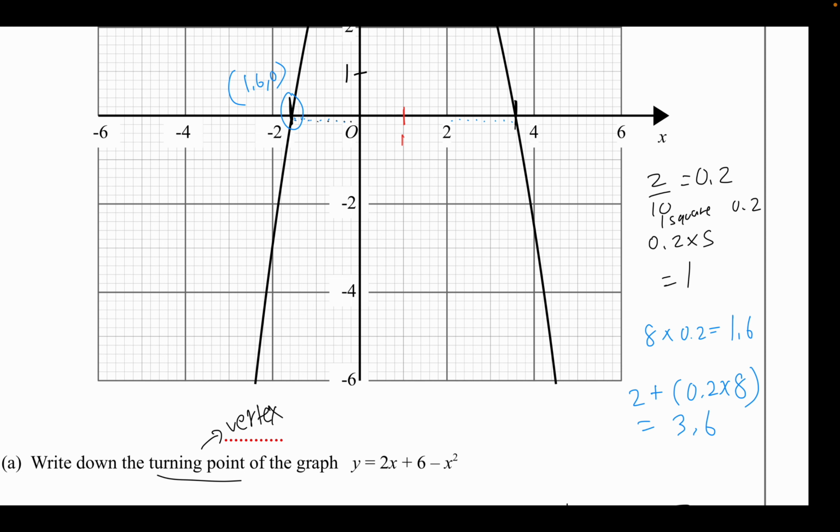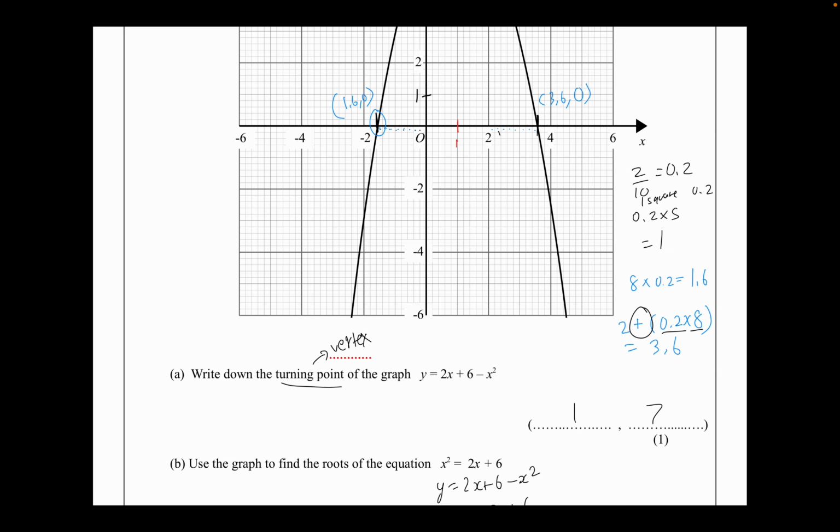We know that 1 square is 0.2, and here there are 8 squares. So I've just done 8 times 0.2, and we're adding that to positive 2 to find the value here. That's why it's 3.6. So this is going to be 3.6 comma 0. These are going to be your roots.